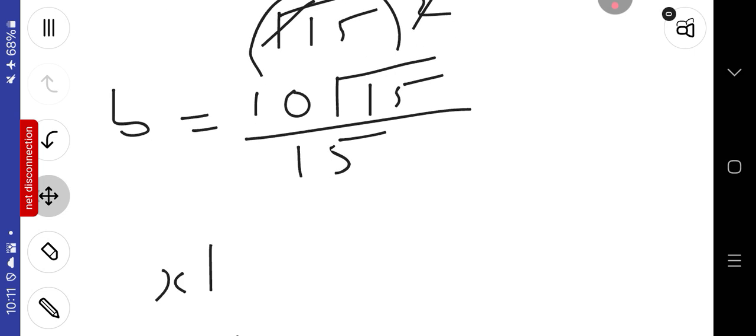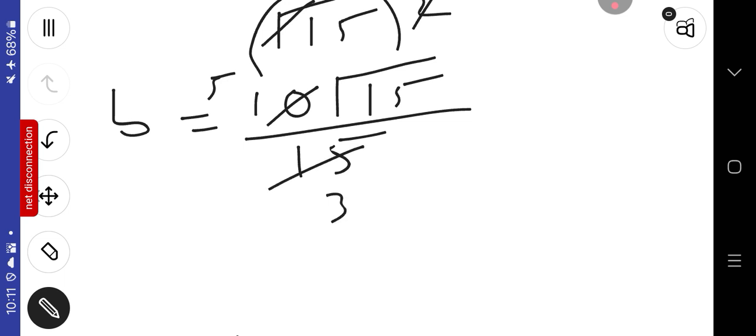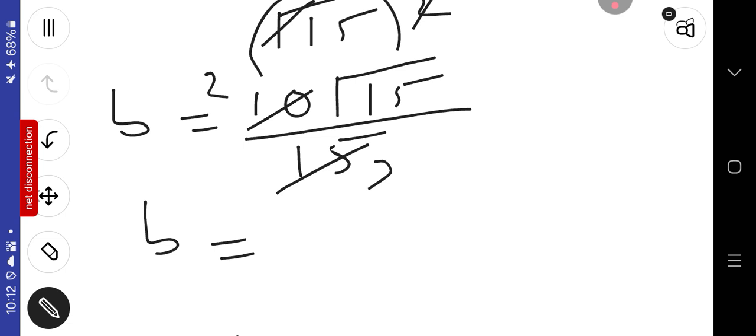So 5 cancels 10 two times and goes here 3. So you're going to have B is equal to 2 over 3 root 15.